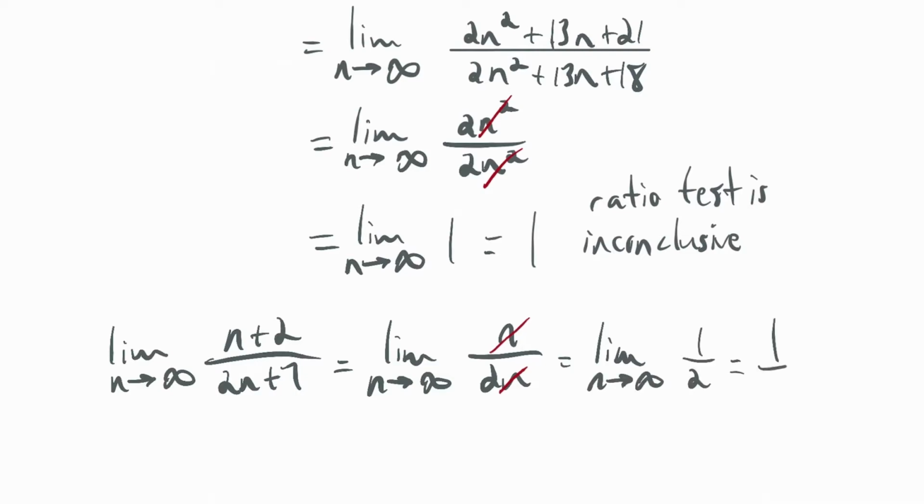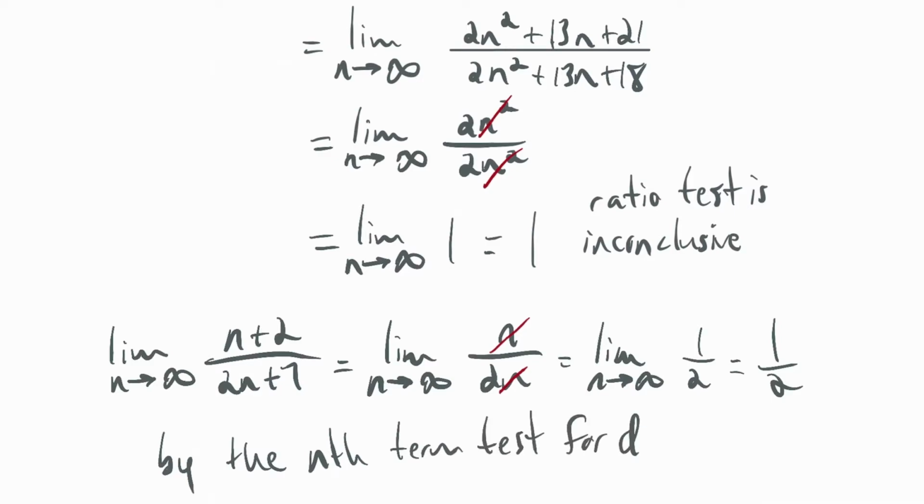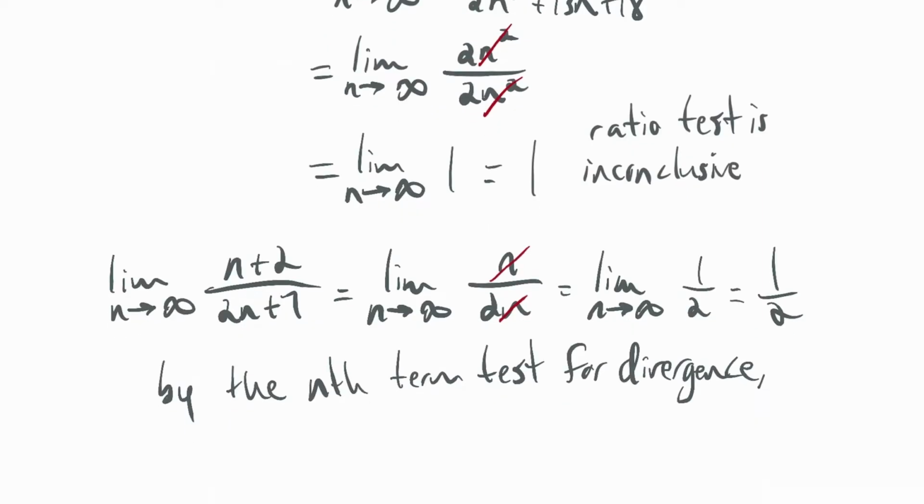So I get 1 half. So by the nth term test for divergence, the series diverges.